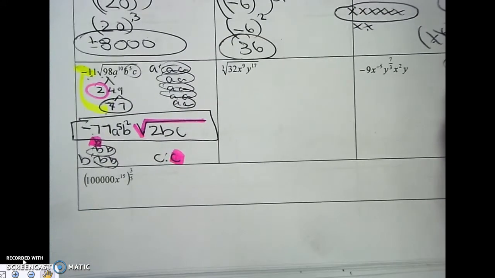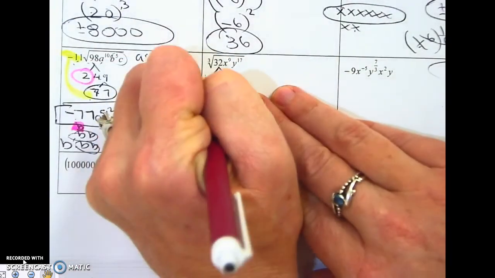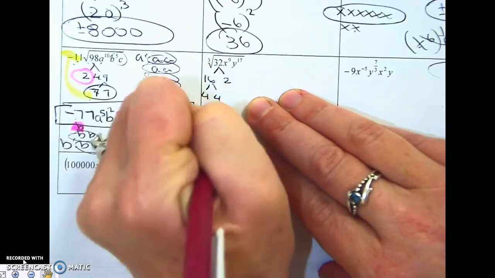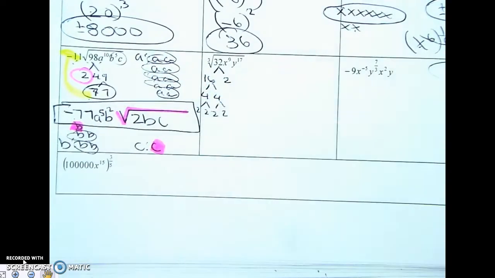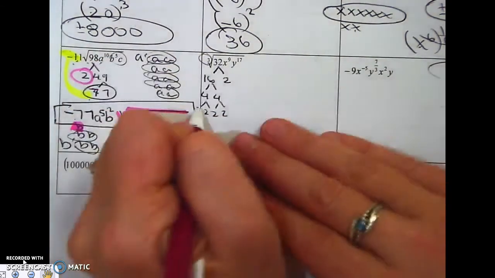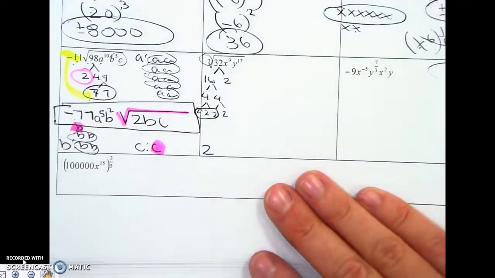Okay? Let's go to the next one, 32. If I'm doing 32, 16, 2, 4, 4, 2, 2, 2, 2. But I need you to be careful because this time we're going for piles of 3. So 1, 2, 3 goes on the outside.